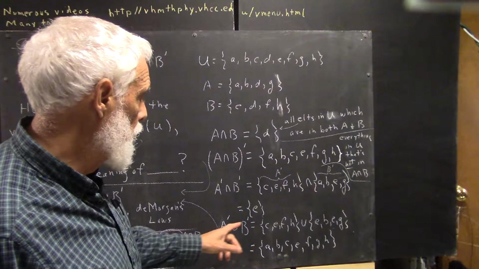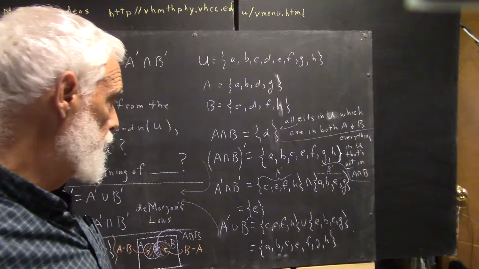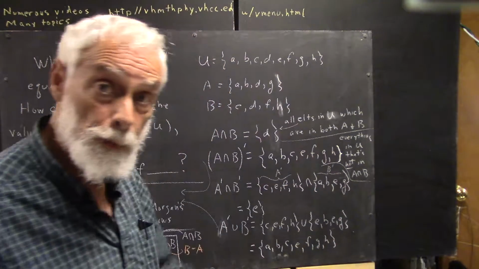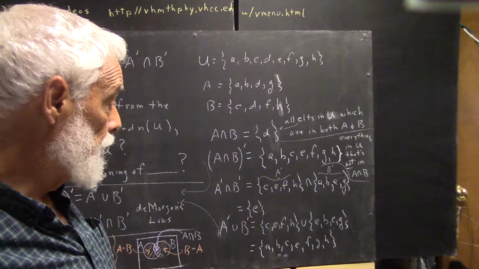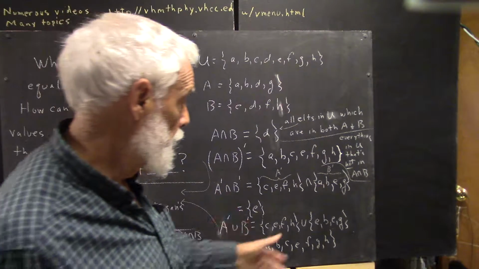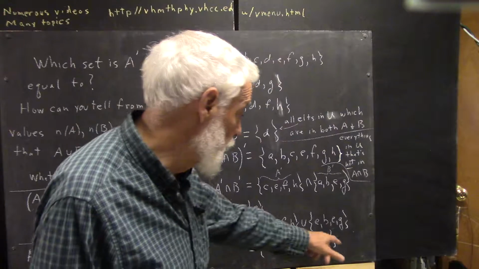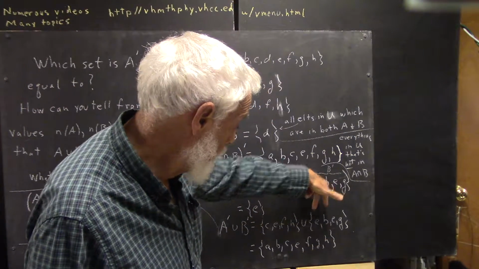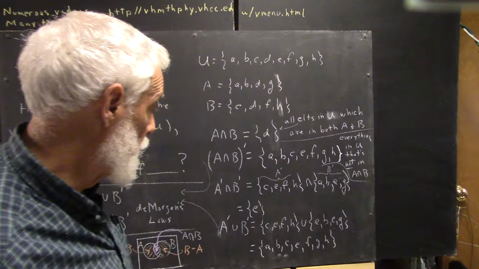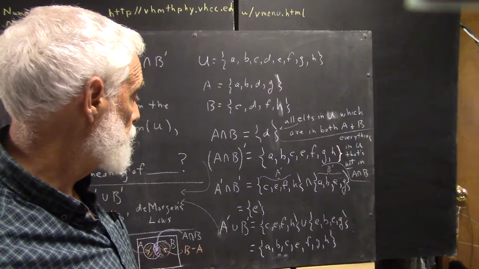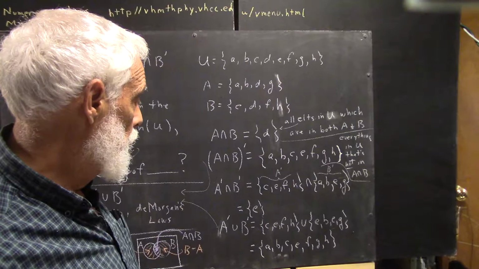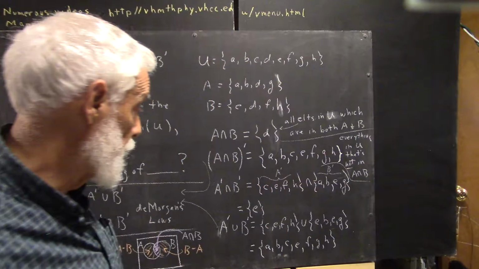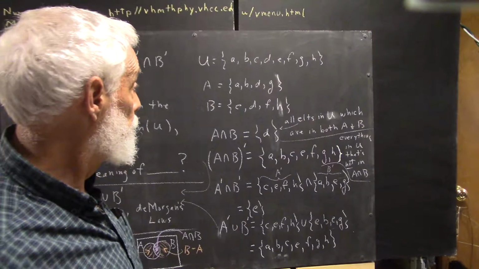What about A prime union B prime? Well, again, I write down A prime and B prime, but I put a union between them, which means that everything in the universal set that's in at least one of these goes here. Going through the universal set, A and B both appear here, so they're going to appear in the union. C appears here, so it's going to be in the union.